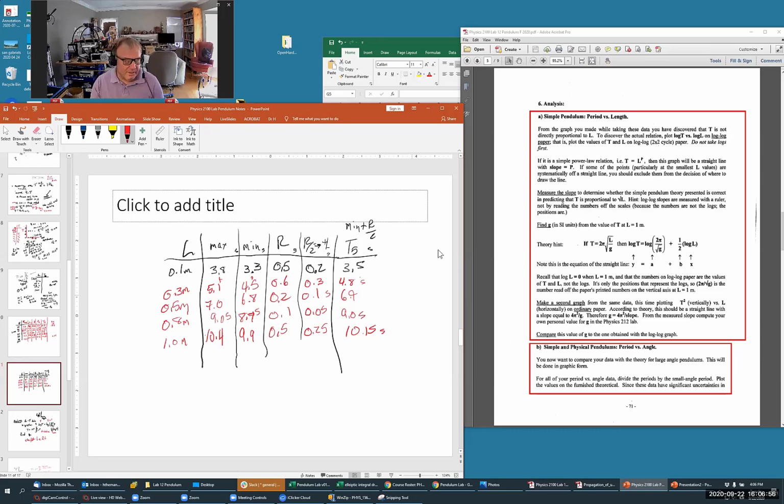Everybody got that? I uploaded the mass table to you, but right now we're doing length and the length table. Got it? Good, don't worry about it.